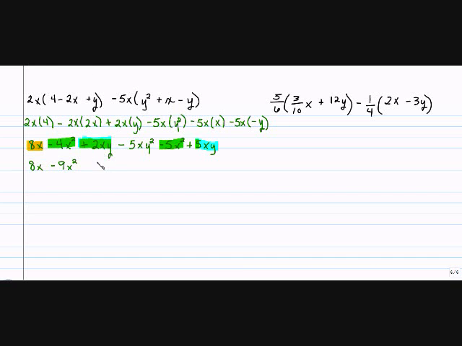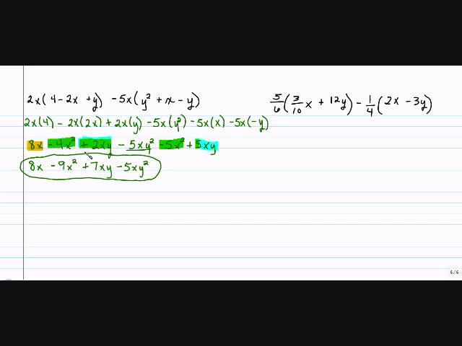And a positive 2 and a positive 5 is a positive 7, and they belong to the xy team. And the only one I have left is a negative 5xy squared. And now that I combined all my coefficients that belong to the same team, I am done. That's a very big answer, but it is your answer. Okay?